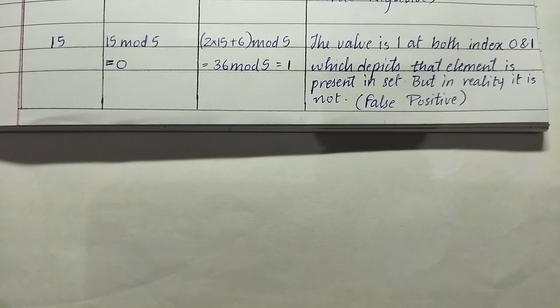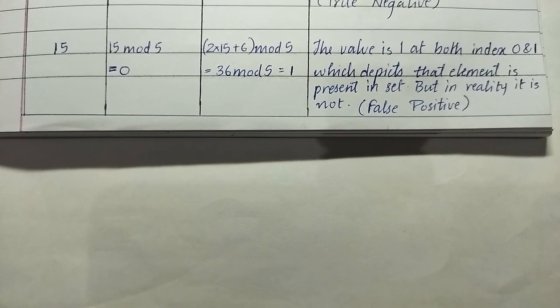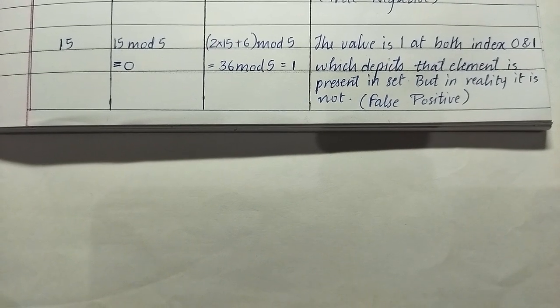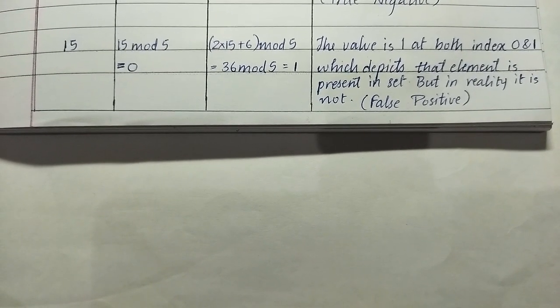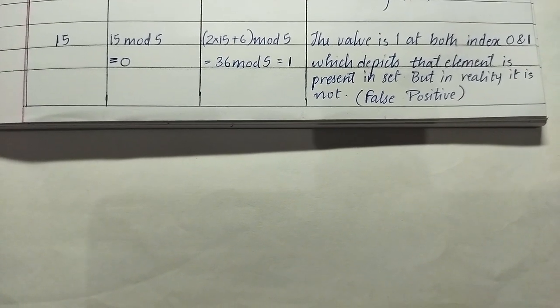Similarly for element 15 we will perform the hash functions, and we get the indexes as 0 and 1. So now the value is 1 at both indexes, that is 0 and 1, which depicts that the element is present in the set, but in reality it is not, so it is a false positive.